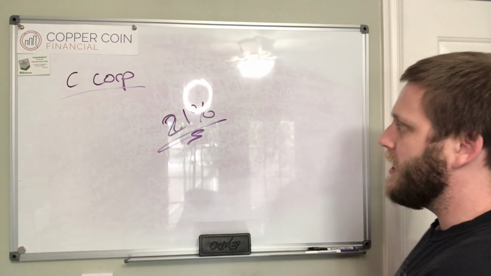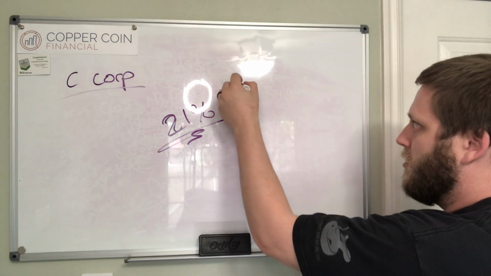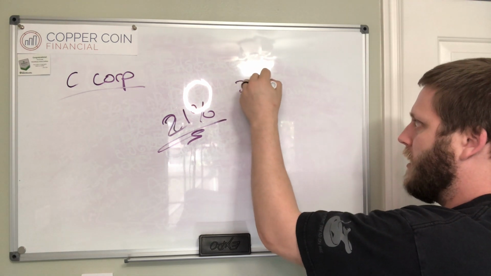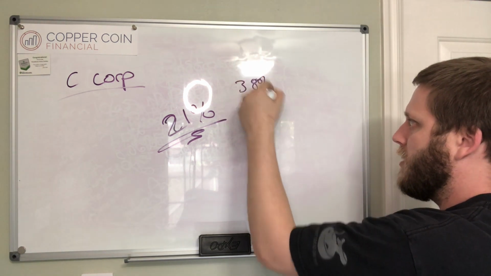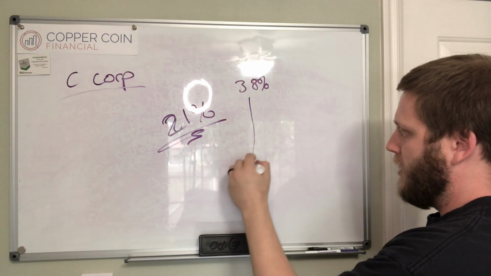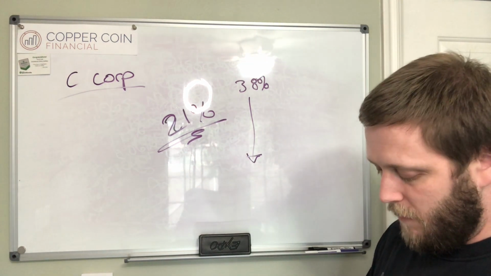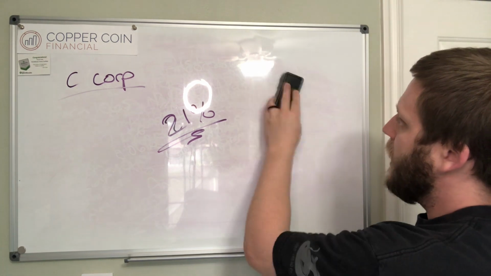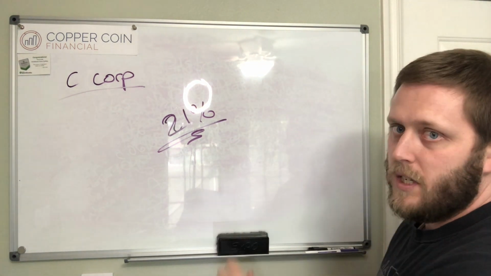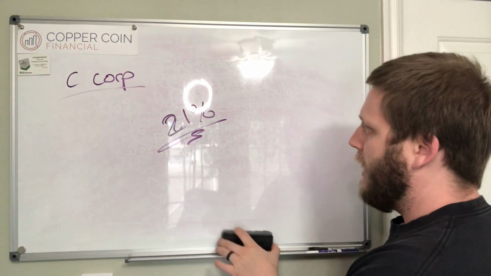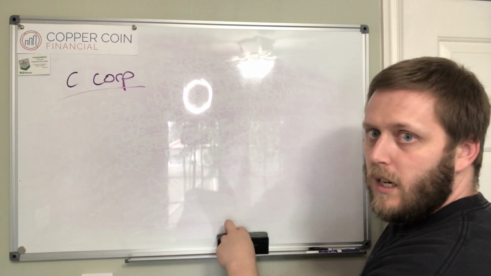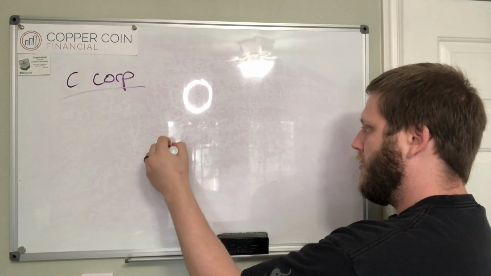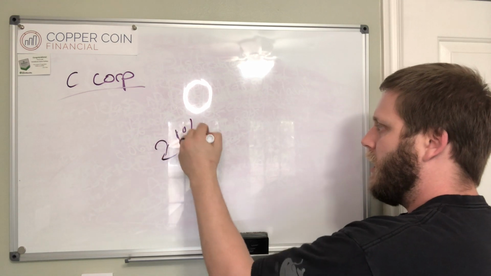It used to be a graduated system where the range was all the way up around 38 or 39.5%, and it would range all the way down based on your income. So with the major tax overhaul, that's all gone down, and corporations now just pay a flat 21%, which is kind of nice.